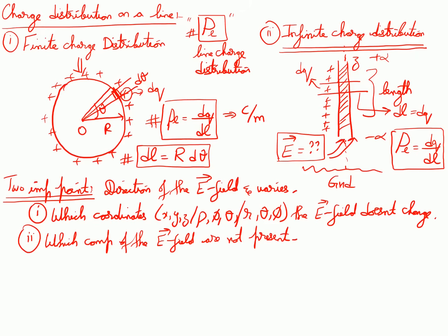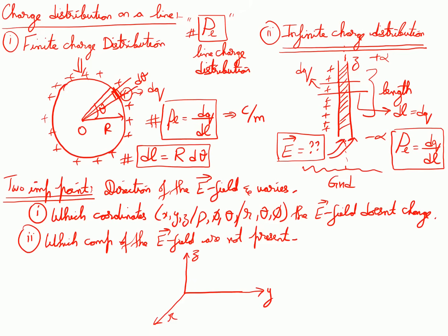This will give us an idea visually of where the electric field exists and which planes we need to work in. In order to understand these 2 points, let us take a scenario where we have the line charge distribution. So let us draw the axes. We have the x-axis over here, the z-axis, and let us say this is our y-axis.